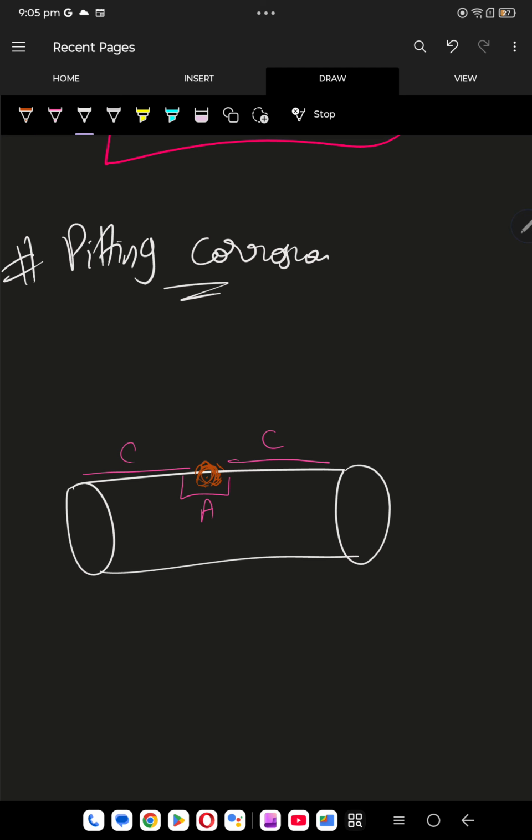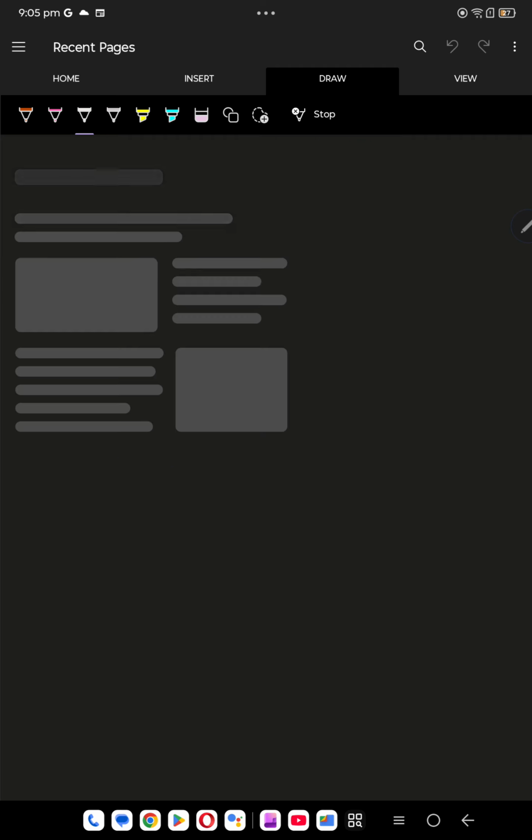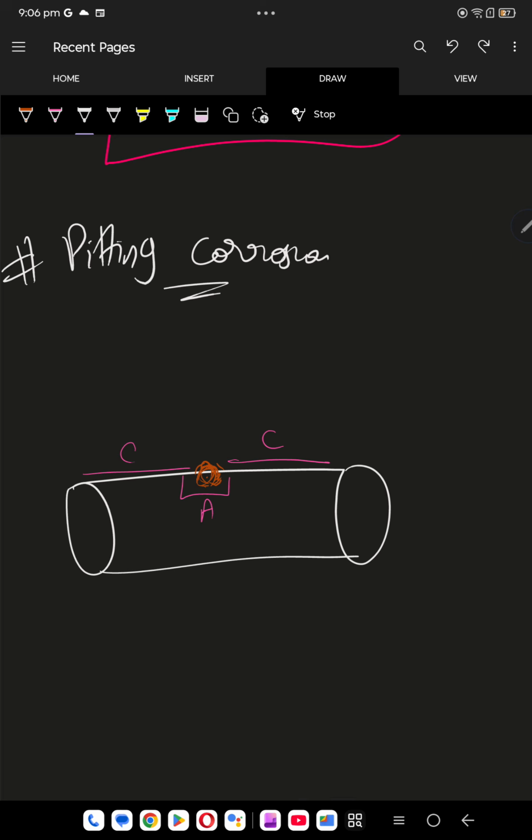Over the years, if this is not taken care of and left like that, what happens? Pit formation, just by the corrosion, a pit is formed. What did I say?